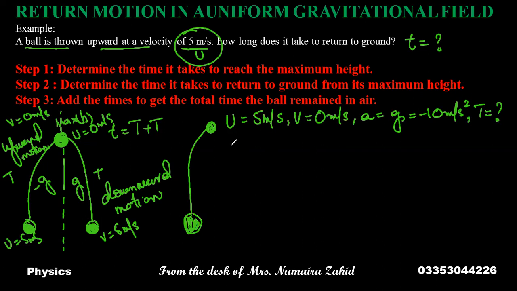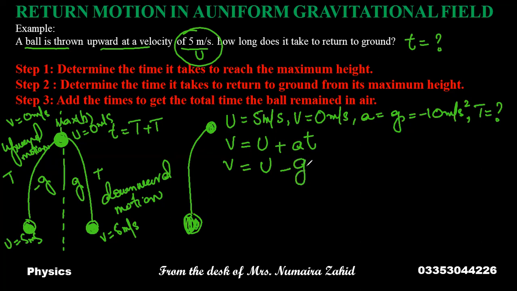The first equation is this: v = u + at. Can we use this equation to find the time taken by the ball to reach its maximum height? Here the final velocity and the initial velocity will remain the same, but it is motion against gravity, meaning the motion of the object is against the gravitational force.